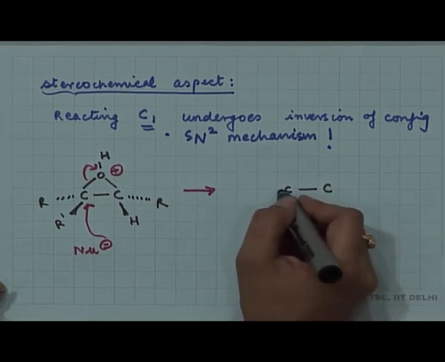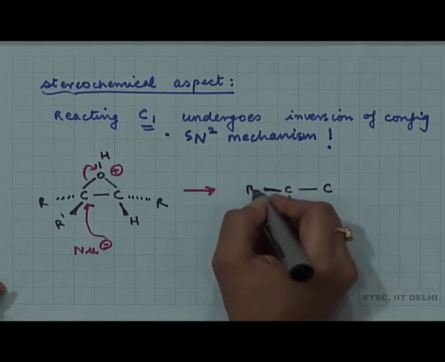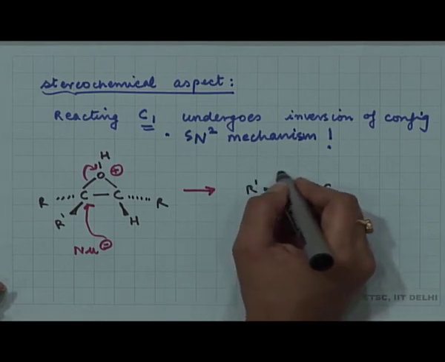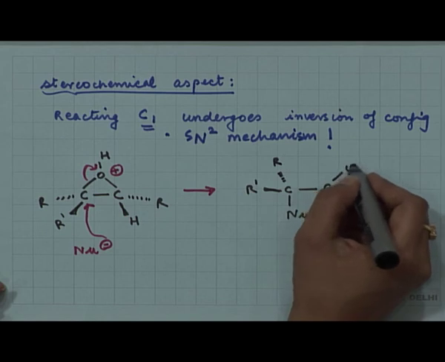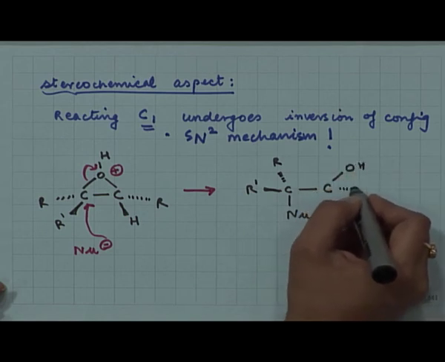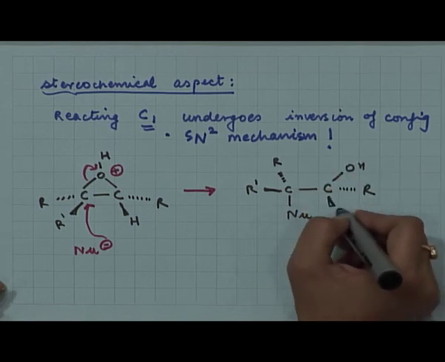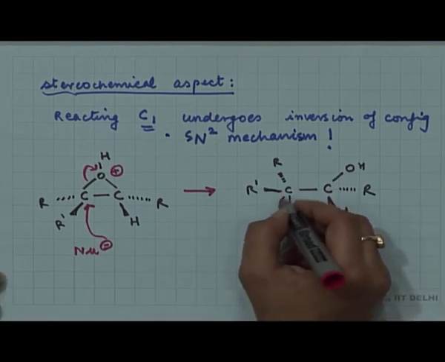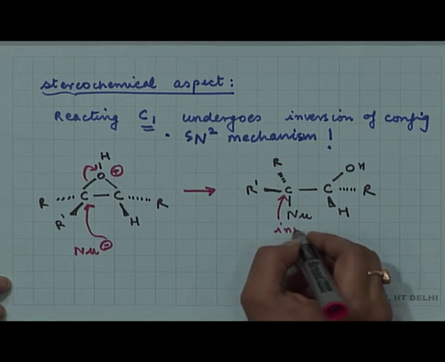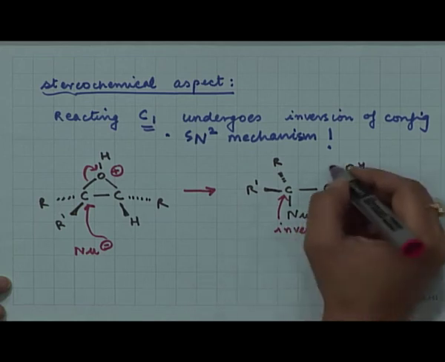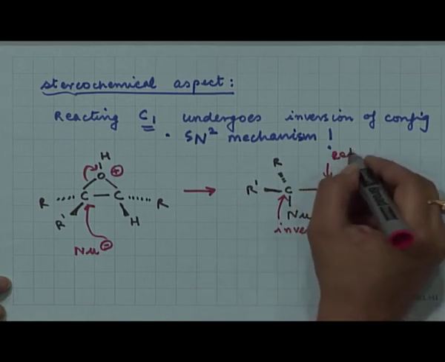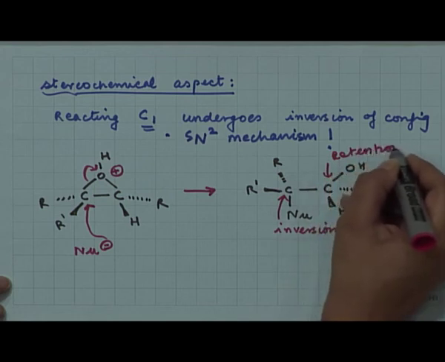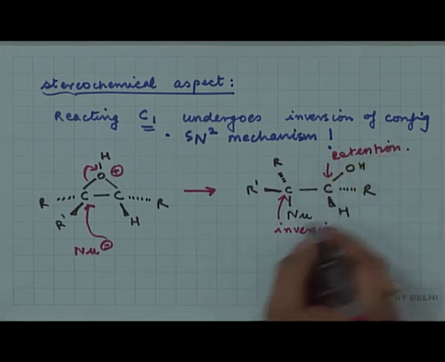So, your nucleophile, your R dash and your R, this is OH, this is R and this is H. So, this carbon shows an inversion, and this carbon shows the retention of configuration as a result of the ring opening.